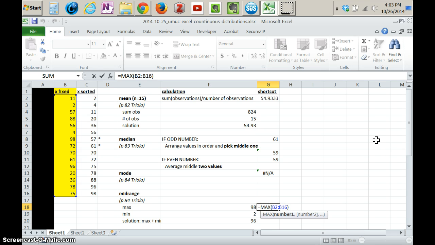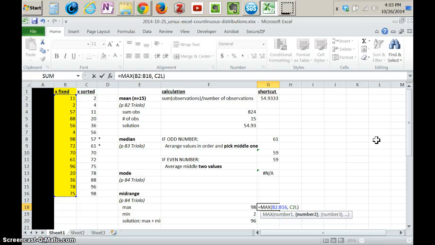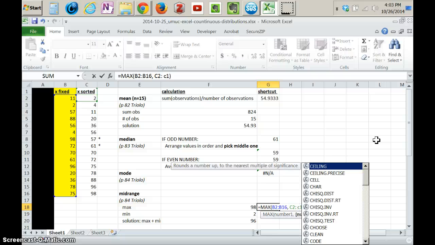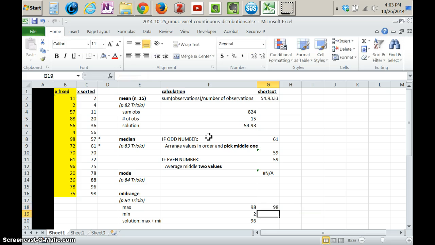If I wanted to do another range, for example, this won't make sense with this formula, but let's see, C2 through C16, you don't have to capitalize these either. Excel will always change it to caps, but you can type them in as lowercase. See, it's using green now, and it's highlighting that one in green. So that can be pretty helpful. But right now we're just dealing with this one, B2 through B16, fine.